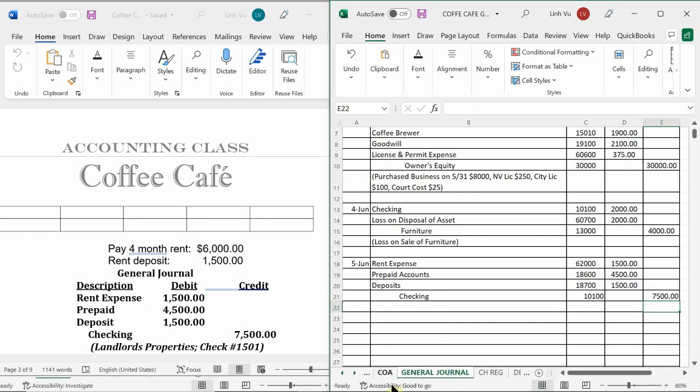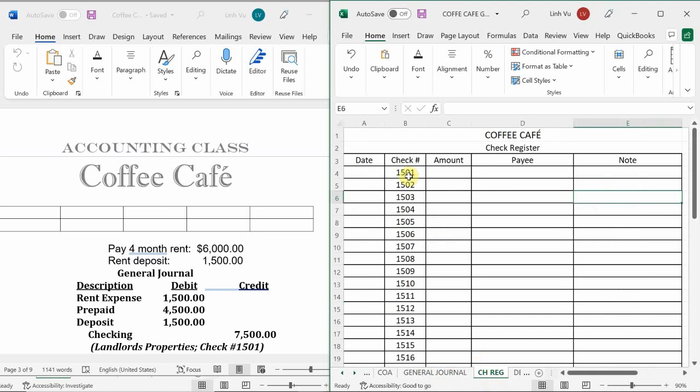Now there are a few things that we can do here, right? Let's go ahead and use our check register first, because we cut them a check, so therefore we need to put it in our check register. So here we're going to use check number 1501. Today is the 5th. We paid a total of $7,500.